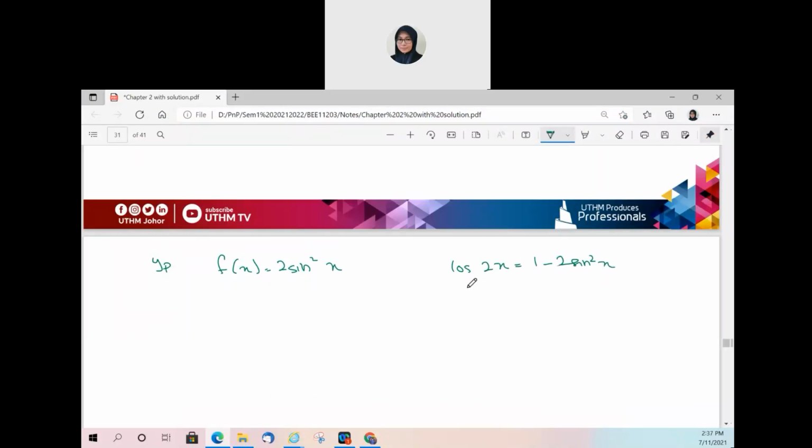Then you modify this one, you'll get 2 sin square x equals to 1 minus cos 2x. Nampak ni? Sama kan? So your fx is 1 minus cos 2x.